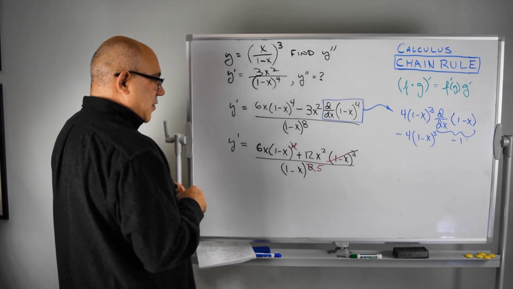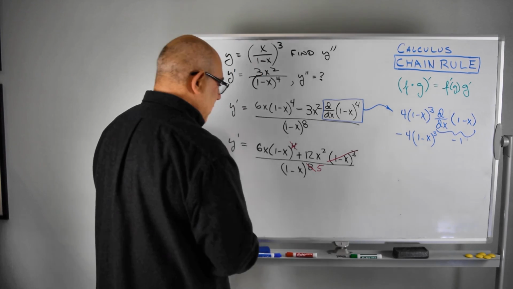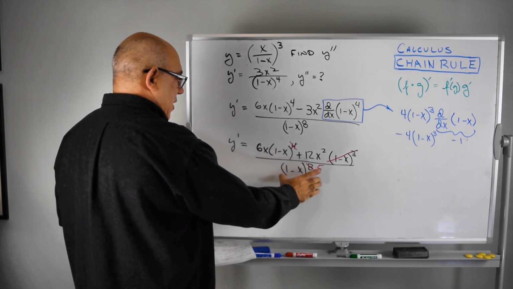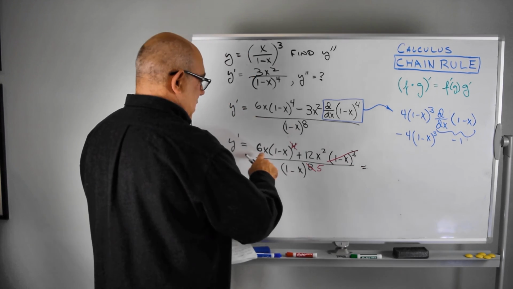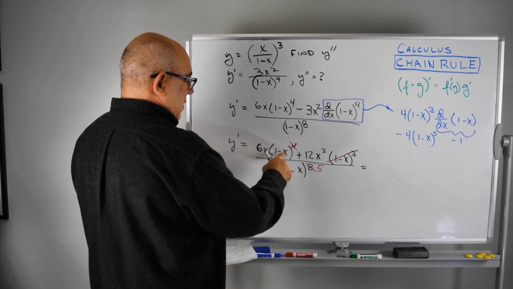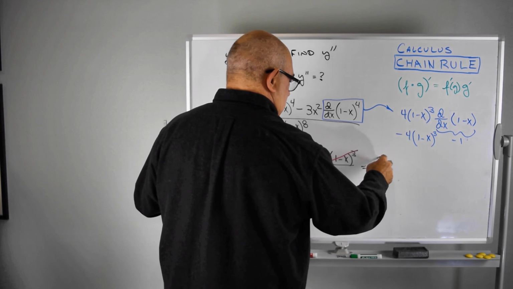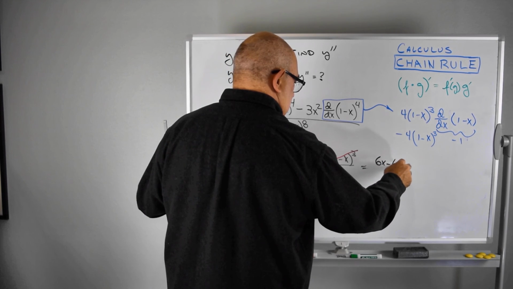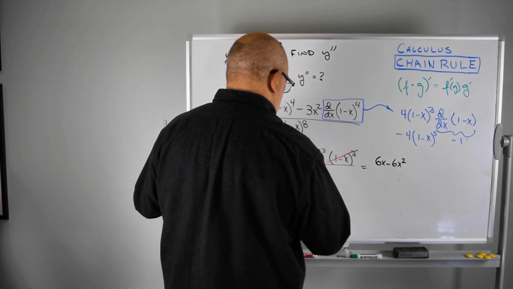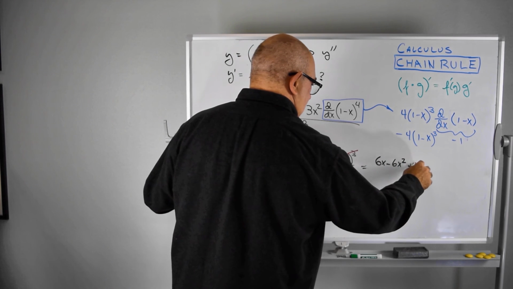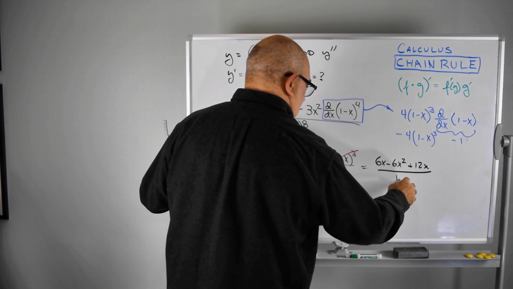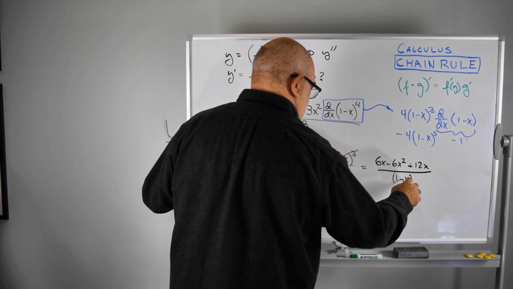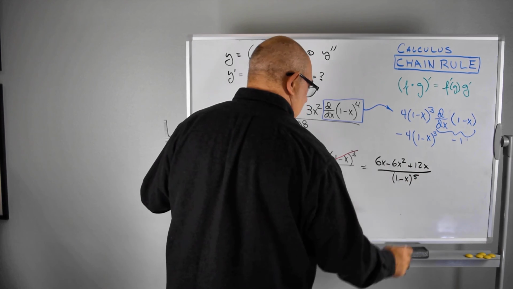Okay? So now, what does that give us? Let's simplify the numerator and bring this over. That equals 6x minus 6x squared plus 12x, all over 1 minus x to the 5th.